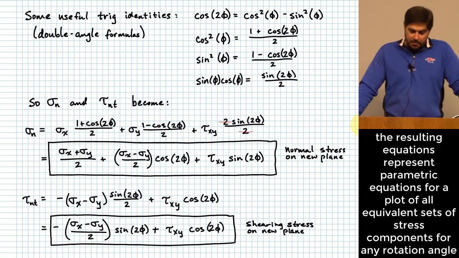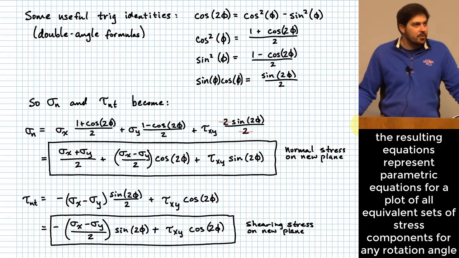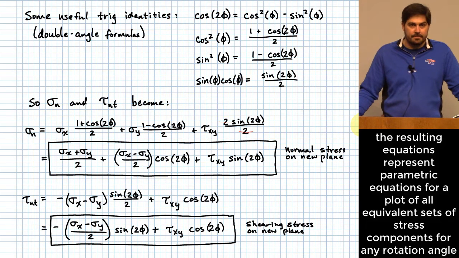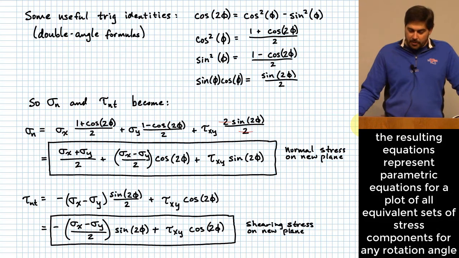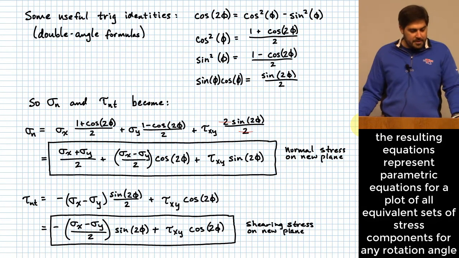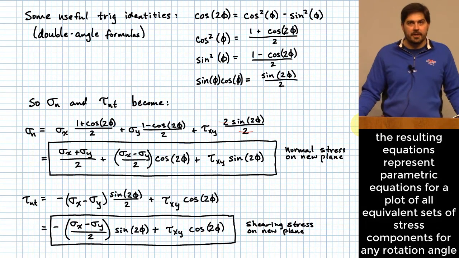The reason that these are important is these are the functions from which we get Mohr's circle. Okay? One of the things that I studied when I was in an algebra class was the idea of parametric equations. If you wanted to be able to plot functions, you could do it with parametric equations. Do you remember seeing anything like that when you were in algebra? Okay?